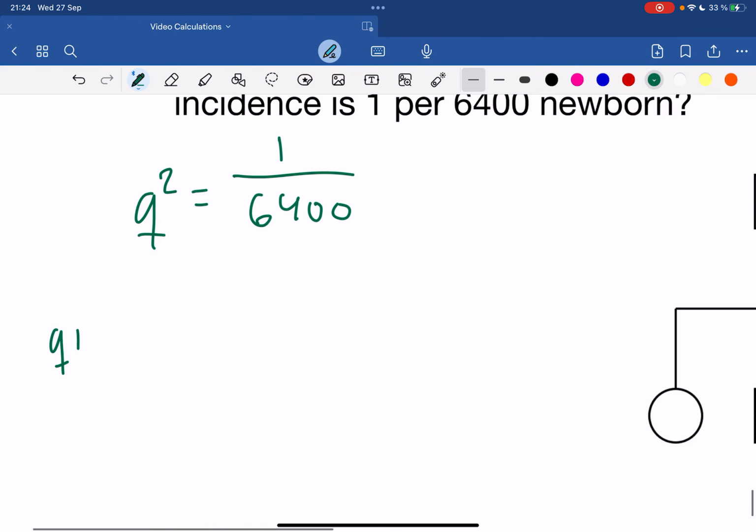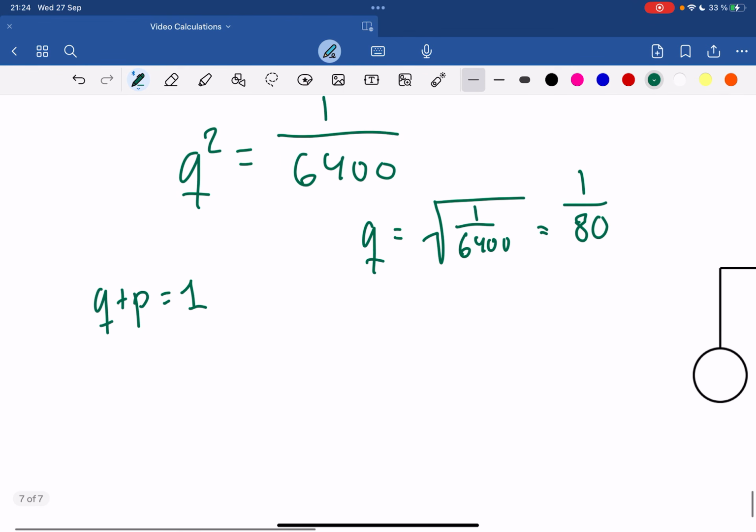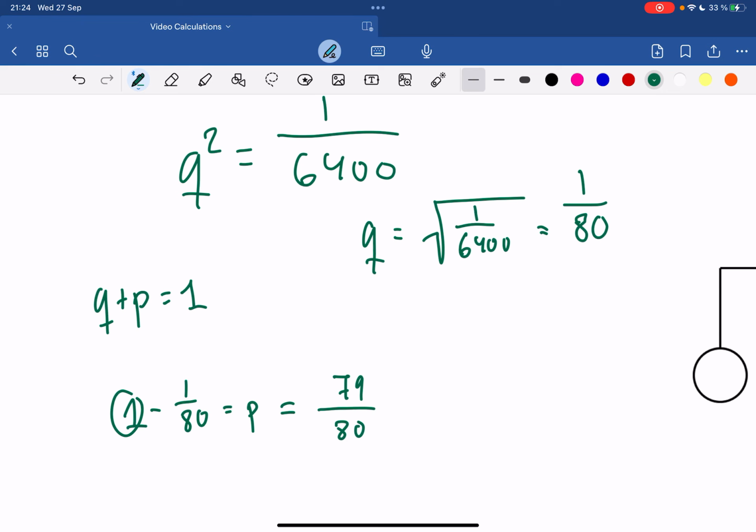We know that Q plus P equals 1. So let's do Q here, and that's the root of 6,400, which is equal to 80. So we take 1 minus 80, which is equal to P, and that is equal to 79 out of 80. Remember that this 1 represents 80 out of 80.